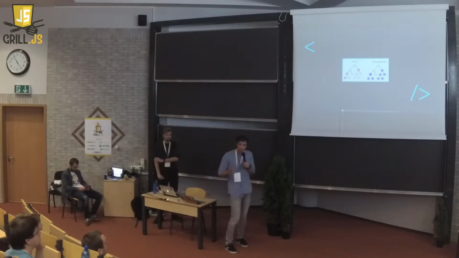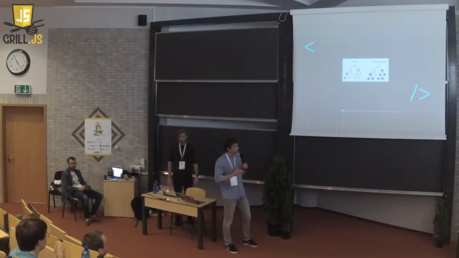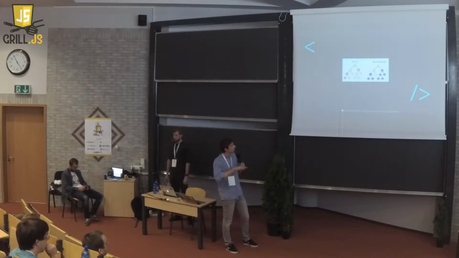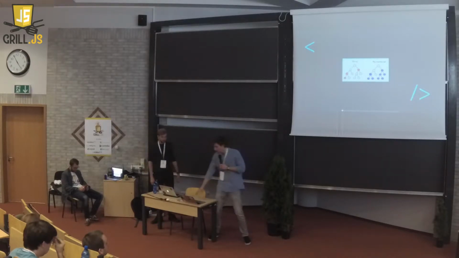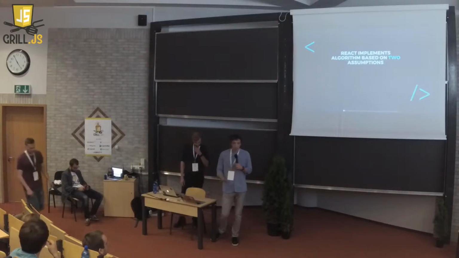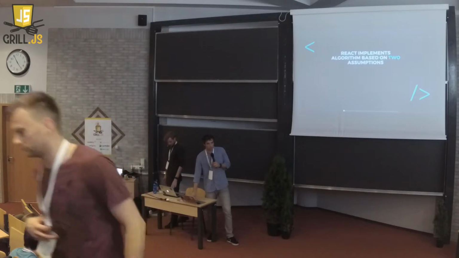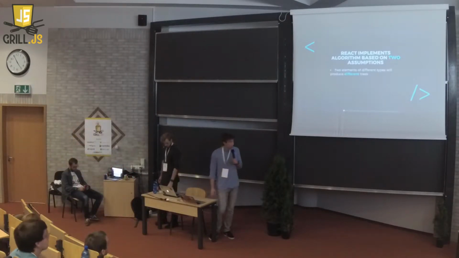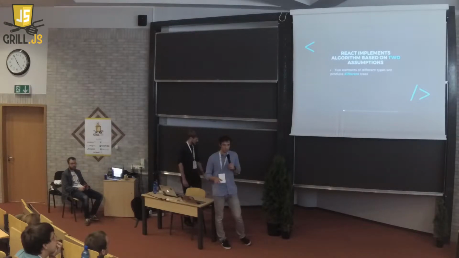And if React finds a dirty element, it wipes out the whole tree below the dirty element and re-renders it again. Maybe we will try to go deeper into the core algorithm, and it's based on two main assumptions. The first assumption is that two elements of different types will produce different trees.